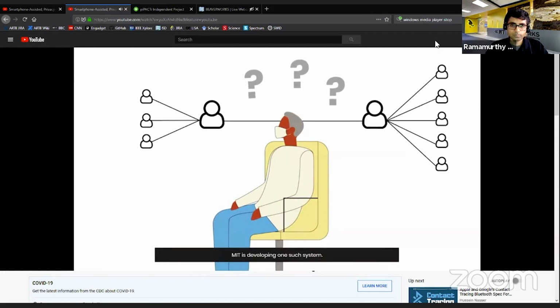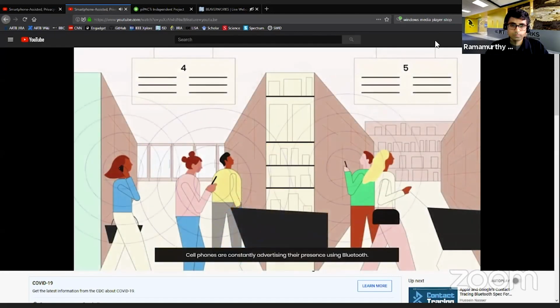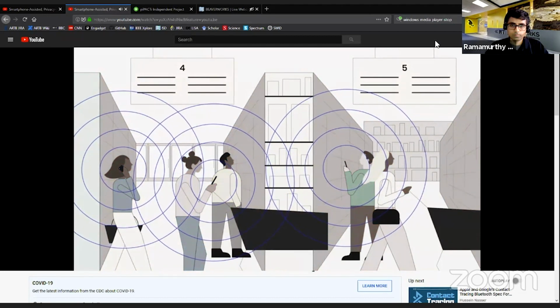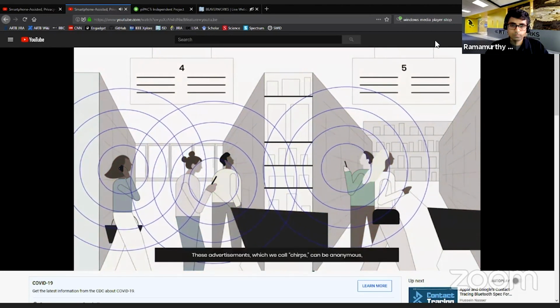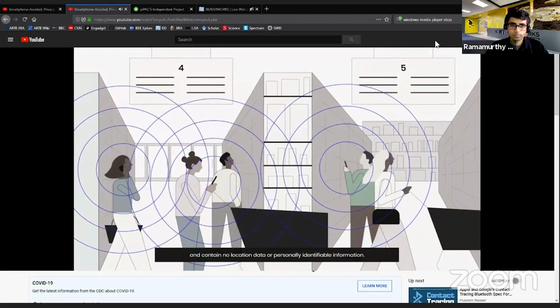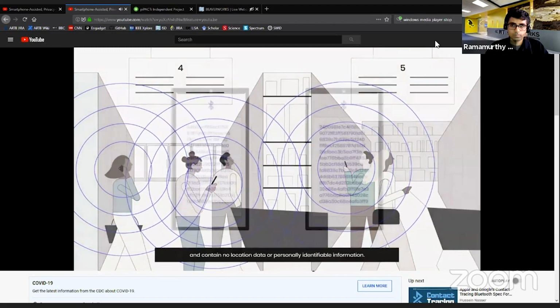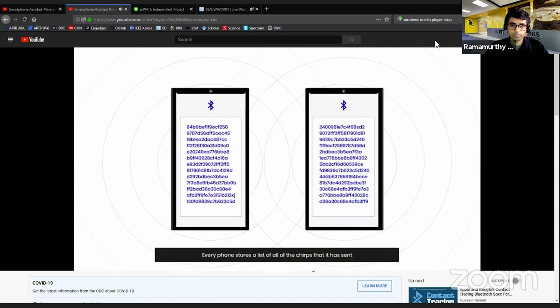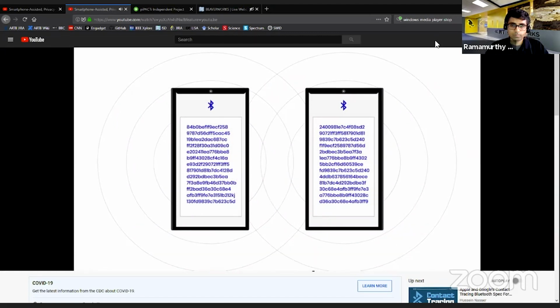MIT is developing one such system. Cell phones are constantly advertising their presence using Bluetooth. These advertisements, which we call chirps, can be anonymous and contain no location data or personally identifiable information. Every phone stores a list of all the chirps that it has sent and all the chirps it has overheard from nearby phones within arm's reach.